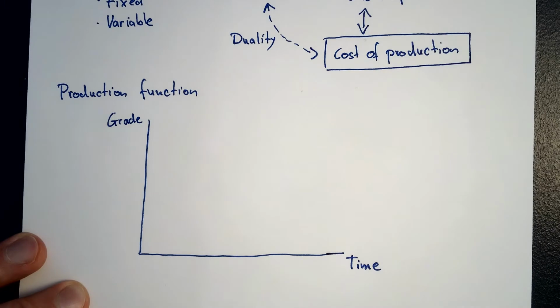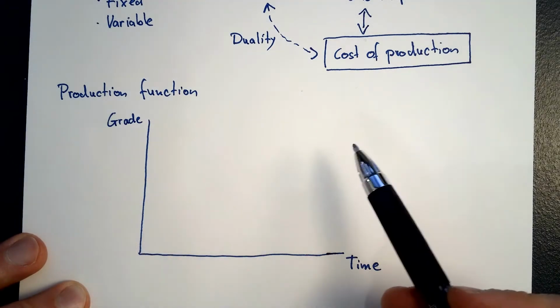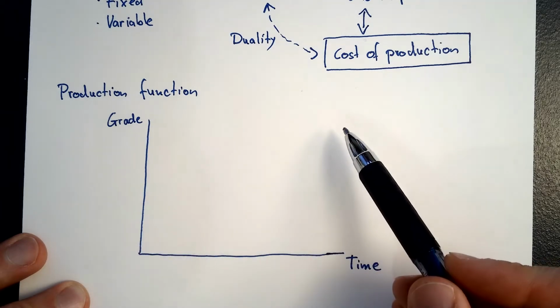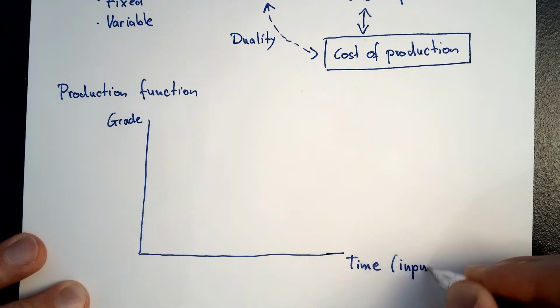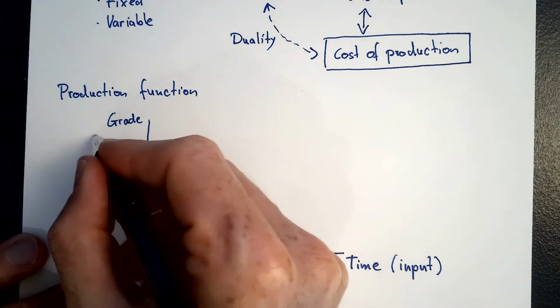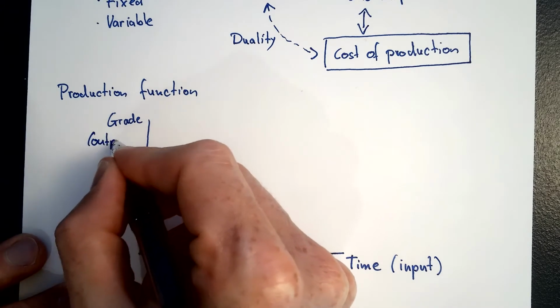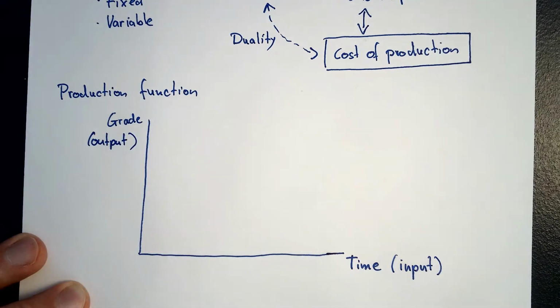Now, let's assume that the more time you spend on a class, the higher your grade. So here we have time as the input, and the grade would be the output. And think about your ability as the production technology. Now, if you're spending 0 time on a particular class, then your grade is going to be accordingly.